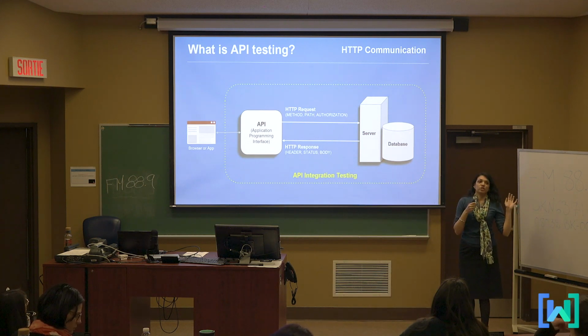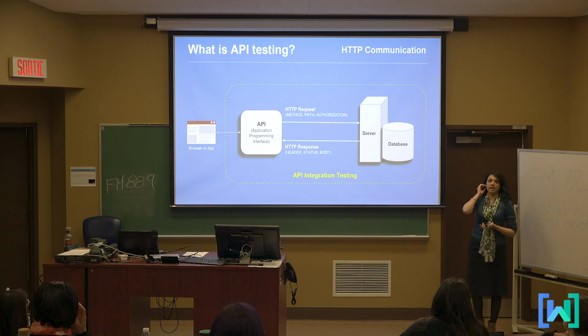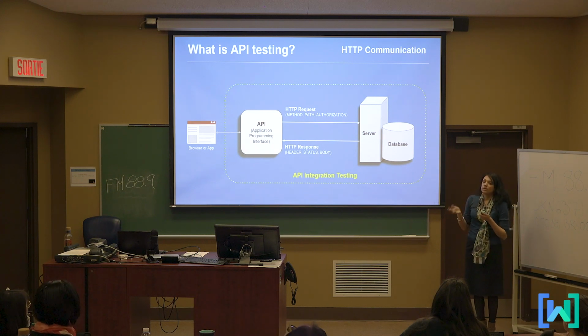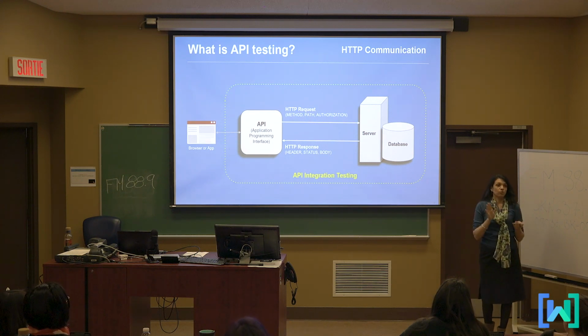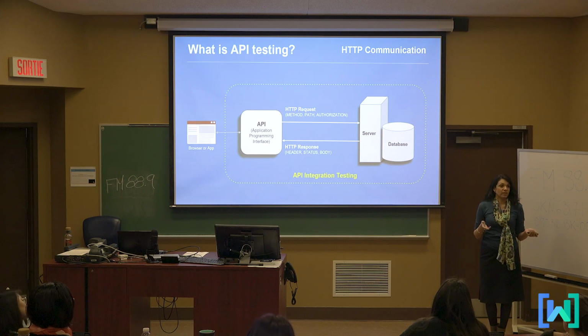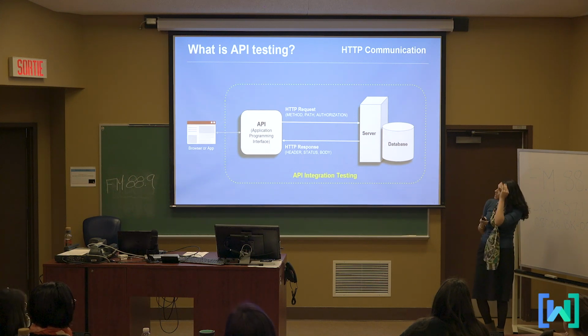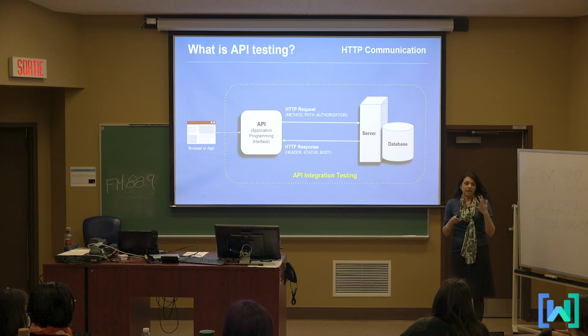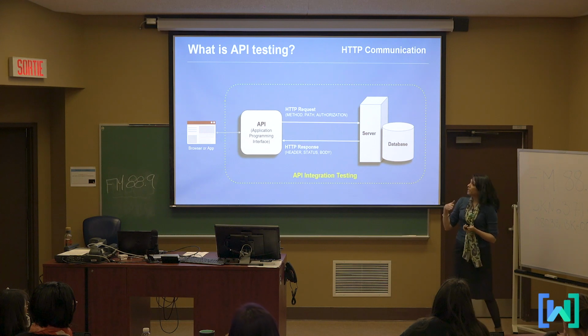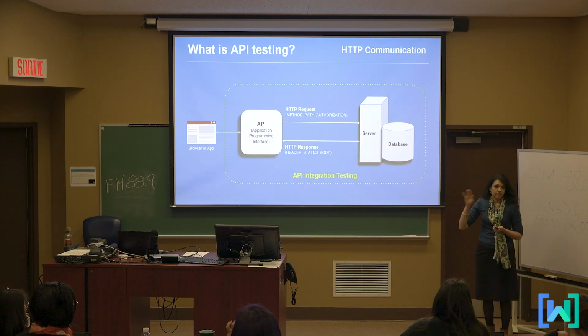Okay, so the first question that I get a lot is, what exactly is API testing? How is it different from the testing that most of us are more familiar with, which is user interface testing? So the biggest difference between API testing and UI testing to start with is that an API it's just an interface. It's a way to communicate with a server and a database using HTTP communication.